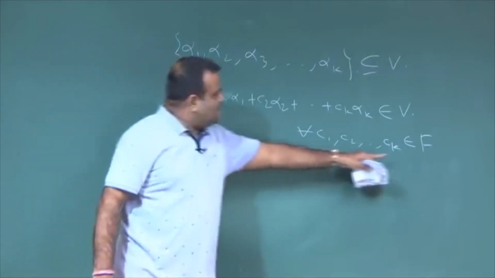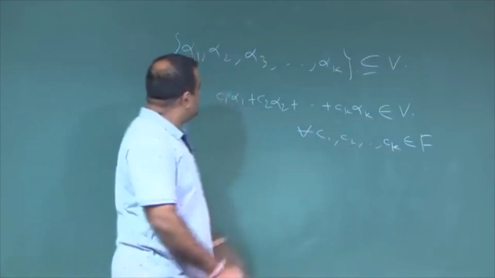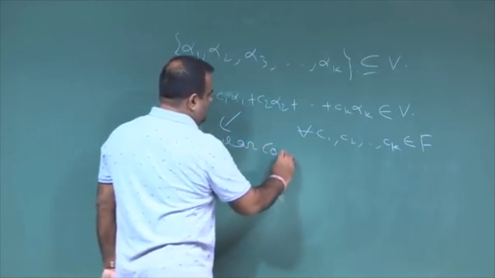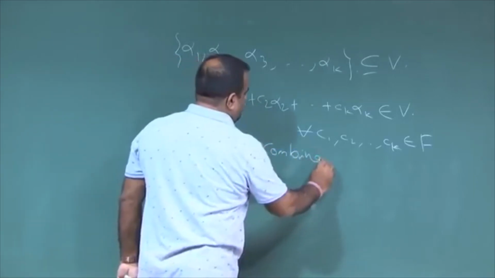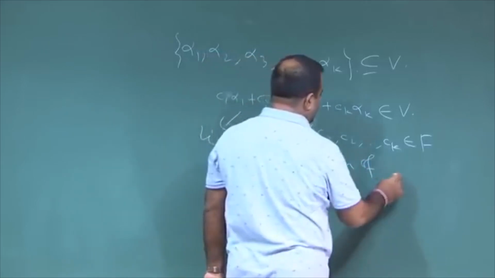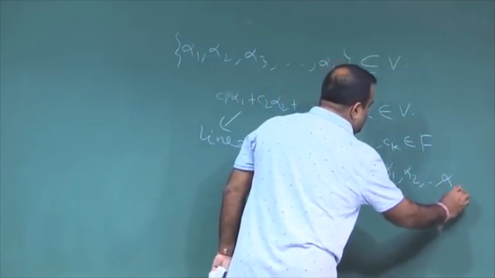Now, this is again a vector. This expression is called a linear combination of these vectors alpha 1, alpha 2, alpha k.